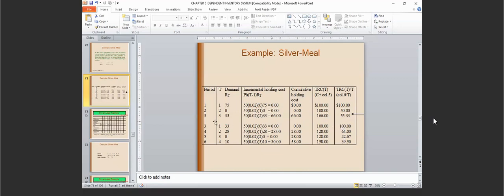Jadi kita includekan lagi period 4 di dalam perancangan kita. Dalam period yang keempat gross requirement-nya adalah 28 unit. Untuk gross requirement 28 unit, kita akan dapati incremental holding cost kita menjadi 28.